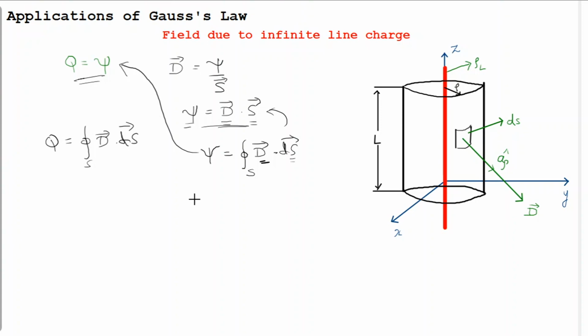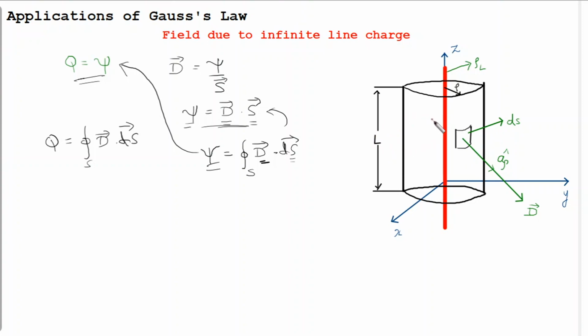Okay, now listen carefully. Actually, I have to evaluate psi or Q, whatever. I have to evaluate psi, that is, the flux lines coming out of the cylinder through the top, bottom and lateral sides, around the sides of the cylinder.